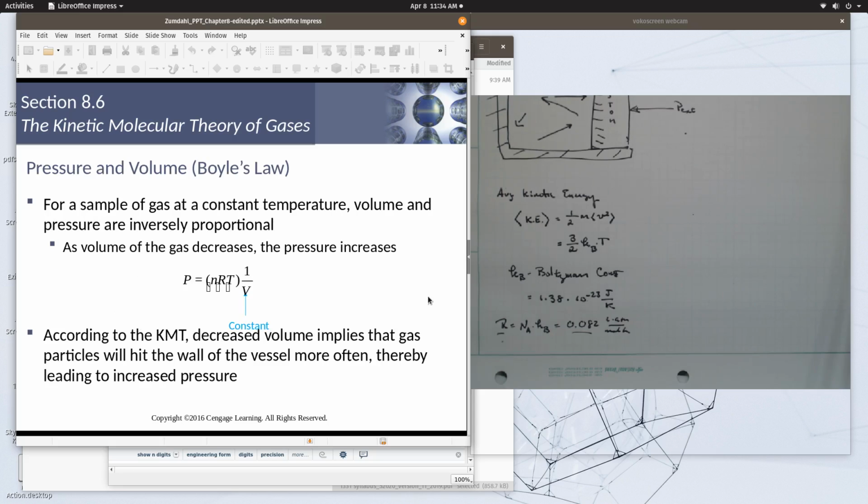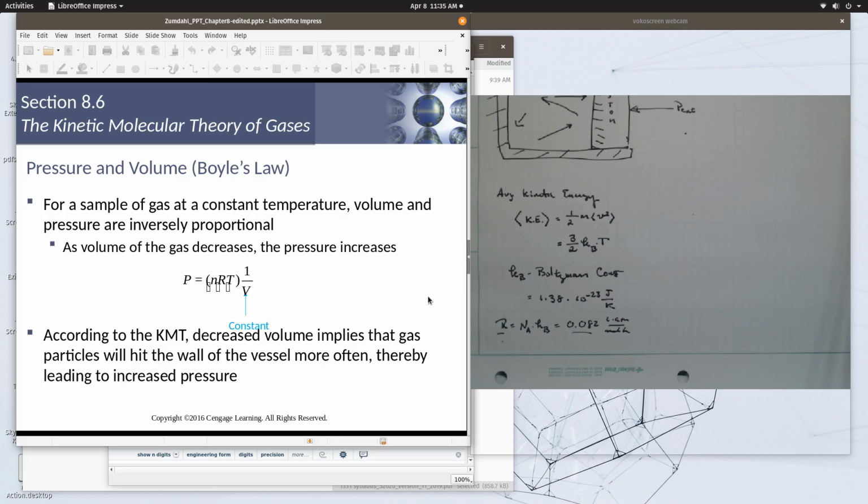Okay, so we can go through Boyle's law, and again, Boyle's law is simply a restatement of the ideal gas law. PV equals nRT. If there's one equation you need to know for this section, it's PV equals nRT. Just remember this. As the volume decreases, the pressure increases.